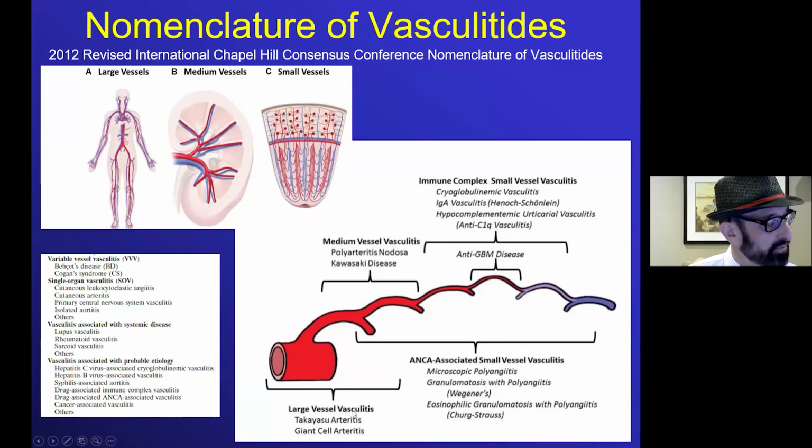So we have large vessel vasculitis, medium vessel vasculitis, and small vessel vasculitis, which are related to the immune complex, and other associated small vessel vasculitides. However, it's also well known that there are a lot of other categories of vasculitides that don't fit well into each of these different classifications.